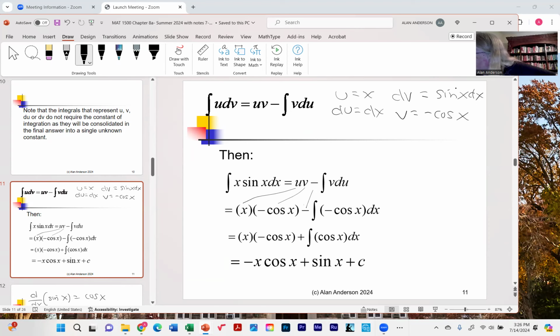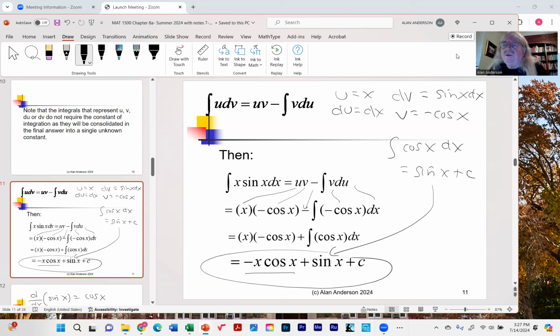Now here, don't forget we're subtracting. V again is negative cosine x, and du is dx. So out here we have negative x cosine x, and we integrate cosine x. And again, if you want to look this up in the book or in a table or something, you'll recall that the integral of cosine x is sine x. And so this is our final result.